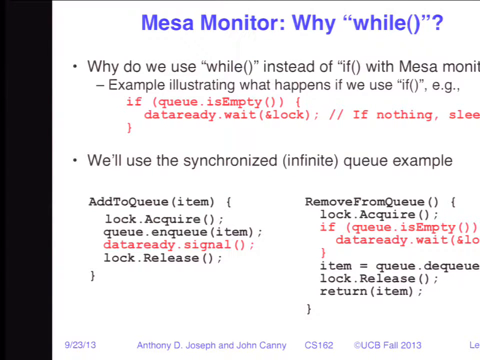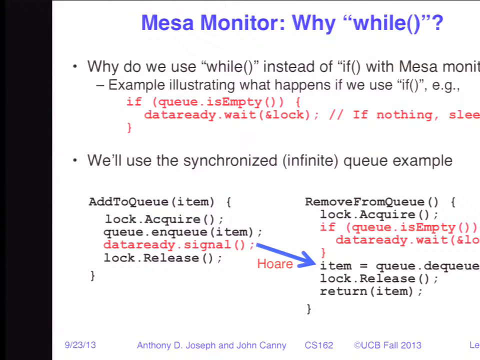With Hoare-style monitors, when someone adds something to the queue, they're going to signal the condition variable. And what's going to happen is the condition variable, if there's someone waiting, is immediately going to transfer control over. Right, so now this guy is woken up, has the lock, and there's an item in the queue for them to dequeue.